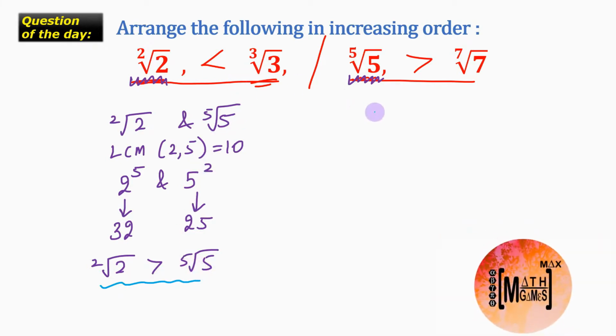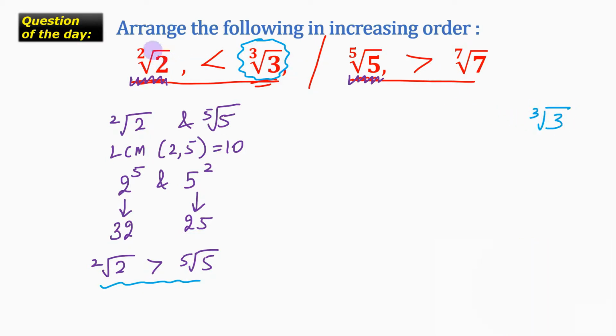So the undisputed king will be cube root of 3. This will be the greatest value. Then, because square root of 2 is greater than fifth root of 5, which is obviously greater than seventh root of 7, seventh root of 7 will be the smallest value.